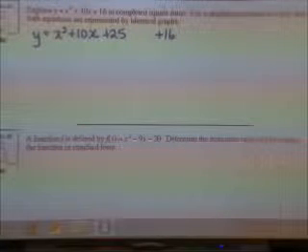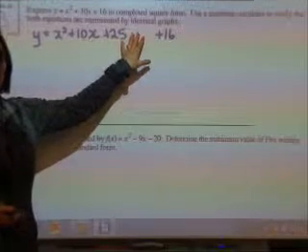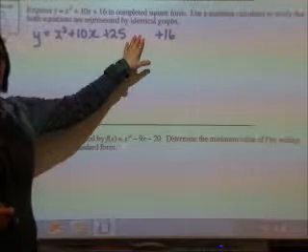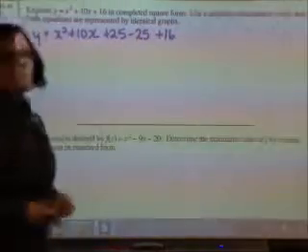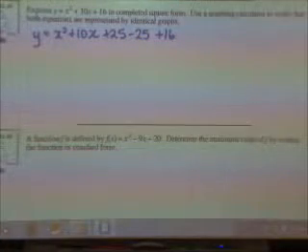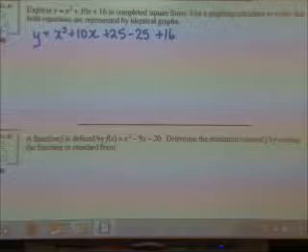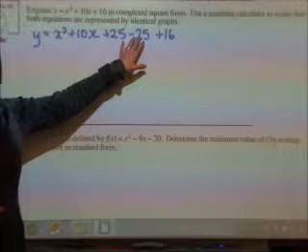So 25 on the other side. Or, if I put 25 on the other side and I brought it over here, what would happen to the 25? It would become negative. What's 25 minus 25? 0. Have I changed the value of the equation now? No, because I added 0. I just changed what 0 looked like.